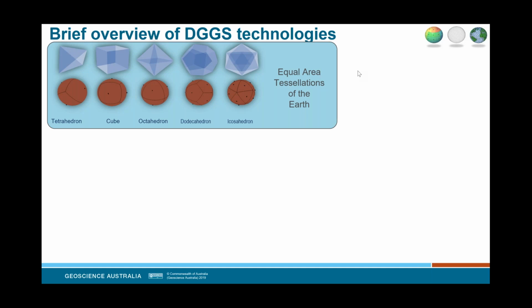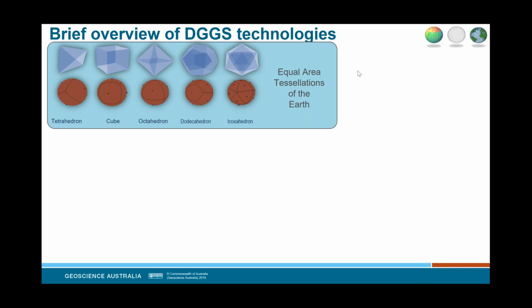Mathematically, you could go infinitely, but practically, there are hardware limits on computers, and there are also use case practicalities. If you're dealing with data that has an uncertainty of meters, you don't need to traverse down a hierarchical grid system down to microns, for example. So there are some practicalities of how you might use these things.